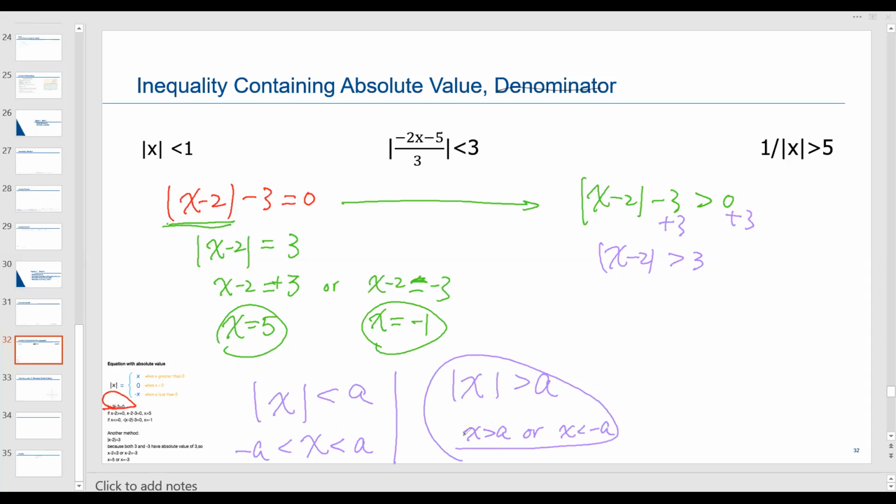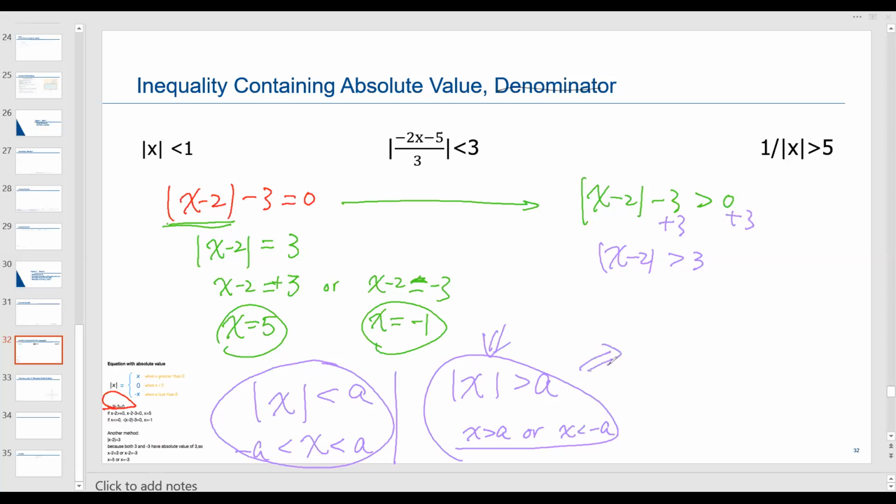We have two situations: when the absolute value of x is less than a, it is in between these two; when |x| is greater than a, it is the outside part of this area, right?